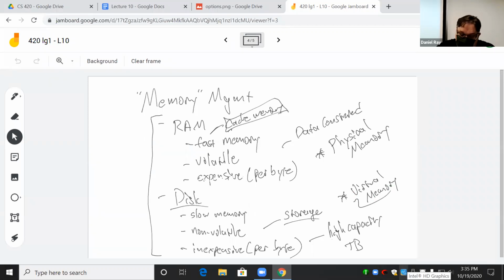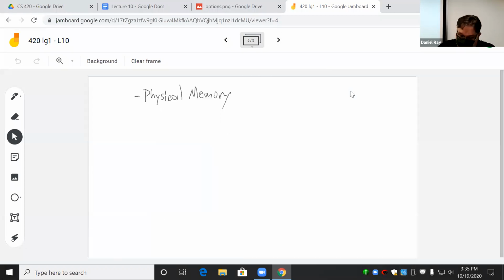So what actually is RAM? What is physical memory? AKA RAM. It is hardware that stores a linear sequence of bits.